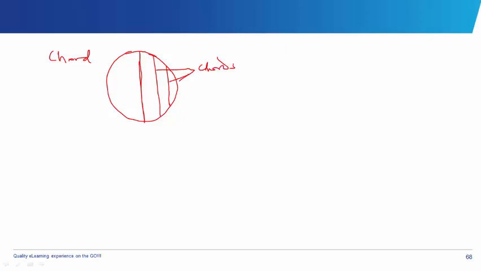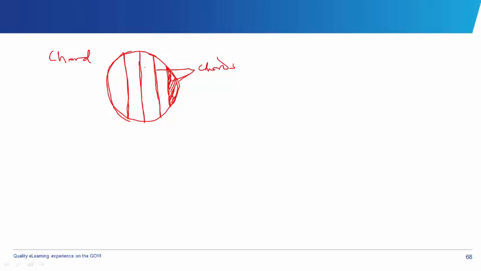Okay, so now how do you find the length of a chord, or the area subtended by the chord? Or let's say we have a chord like this, the distance around the chord. How do you do these calculations?